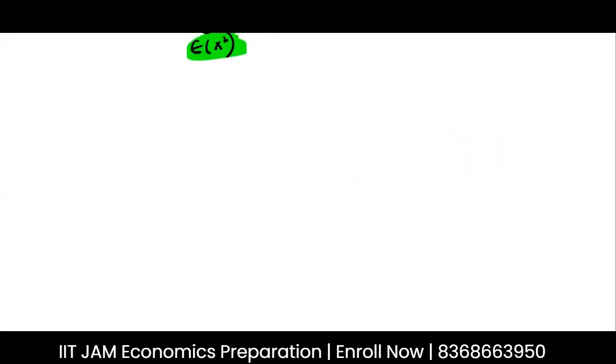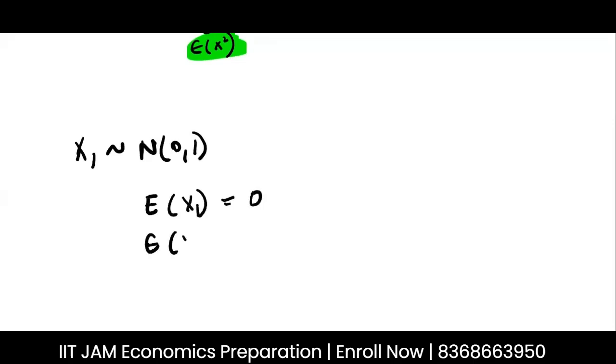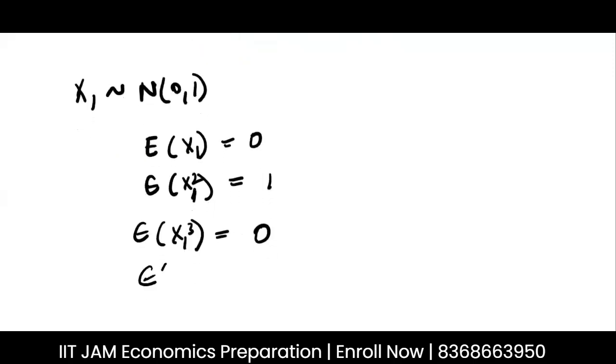Any variable which is standard normally distributed has E of x1 as 0, E of x1 square as 1, E of x1 cube as 0, and E of x1 to the power 4 as 3.